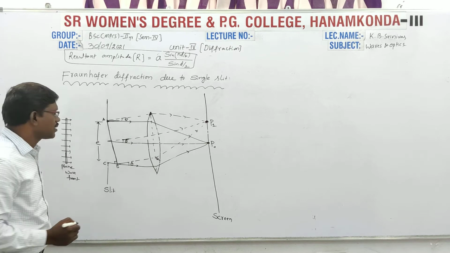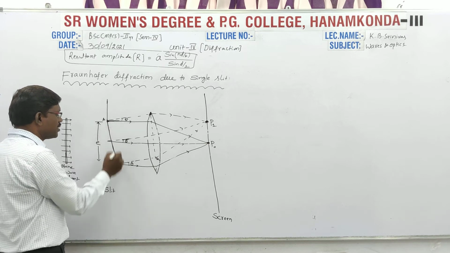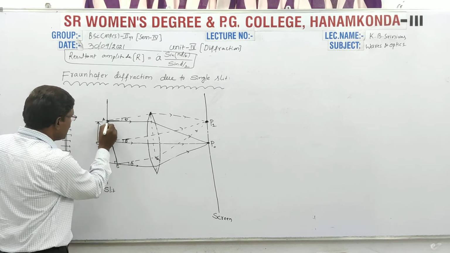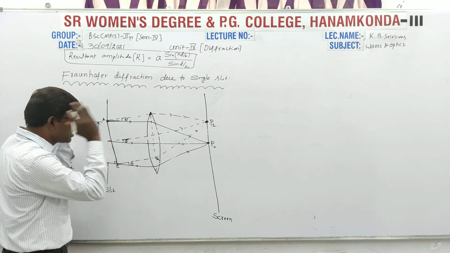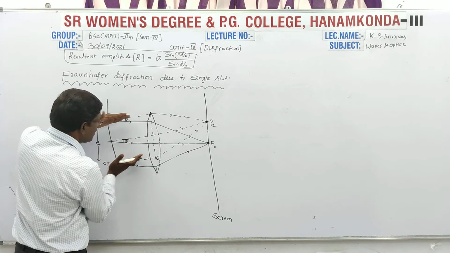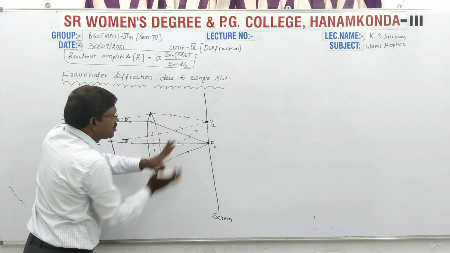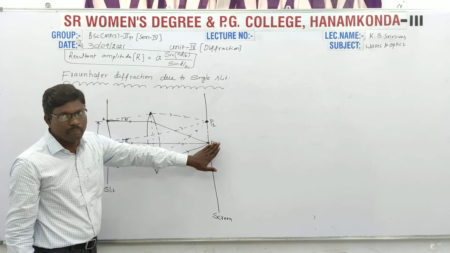Is that clear? Right. Why I am drawing this normal: from these two points, just concentrate on the rays which are reaching P1. Don't concentrate on P0.